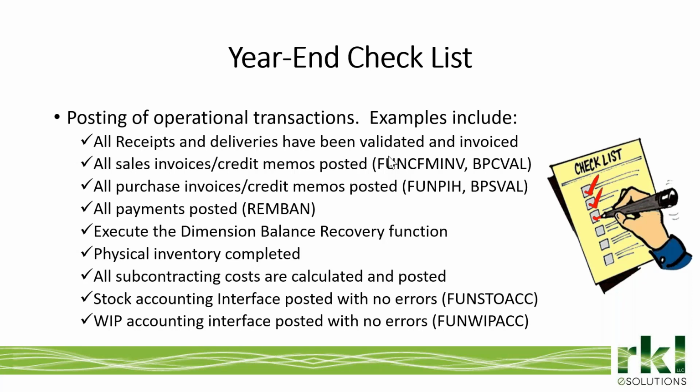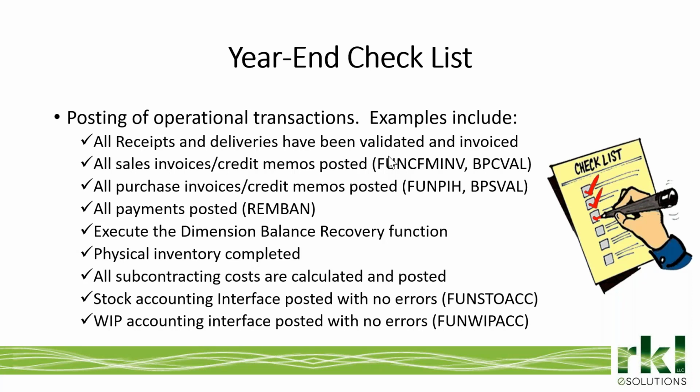Or in a lot of these different functions within X3, and this is the preferred method, so save the best for last on this one, you can run a function in these respective modules that will allow you to post either many or all of them at once. For example, under sales invoices, there's a credit memo validation button, and that means posting. That'll have a little pop-up screen that will let you choose various criteria. And you might have seen that before.